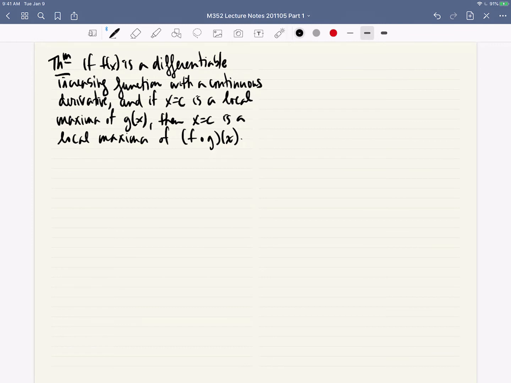That is to say, this theorem here tells us that composition with a monotonically increasing function preserves local maxima.